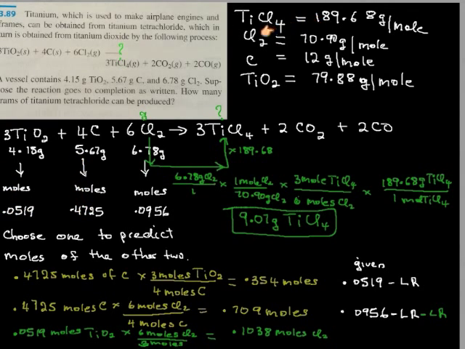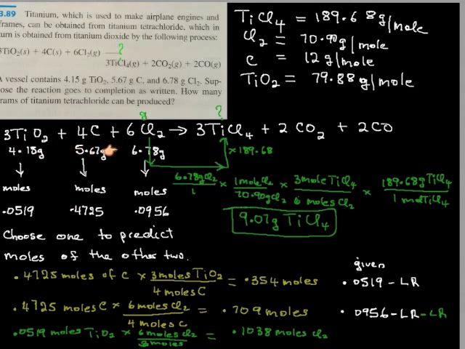Using the molar mass, we convert the titanium dioxide and we get 0.0519 moles. For carbon, dividing by 12, we'll get 0.4725 moles of carbon from 5.67 grams, and 6.78 grams of chlorine dividing by 70.90 will give me 0.0956 moles of chlorine.